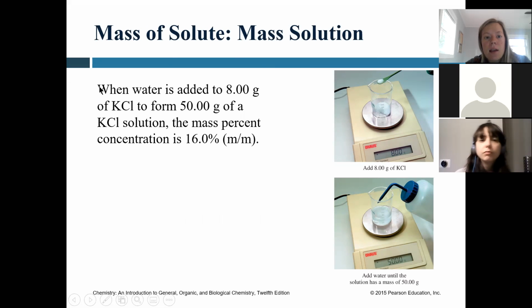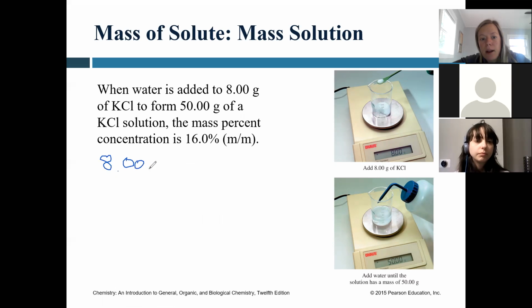So if I've got, when water is added to 8 grams of KCl, it forms a 50 gram KCl solution. The mass percent concentration is 16%. So I would take my 8.00 grams, I would divide it by 50.00 grams.